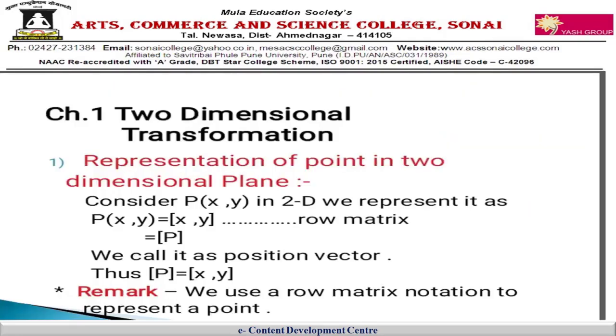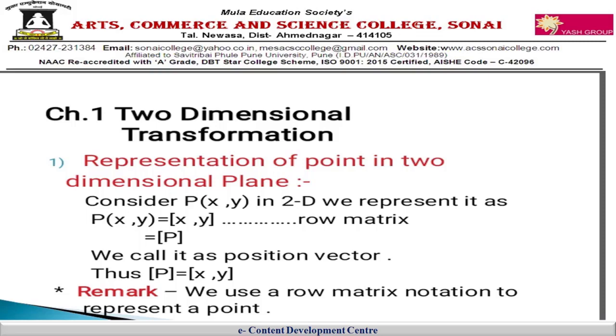This is chapter one, two-dimensional transformation. We see the representation of a point in the two-dimensional plane, that is, how we represent any point in a two-dimensional plane. Consider a point P(x, y) in 2D, that is, any arbitrary point. We represent it as P(x, y) equal to the row matrix [x y].